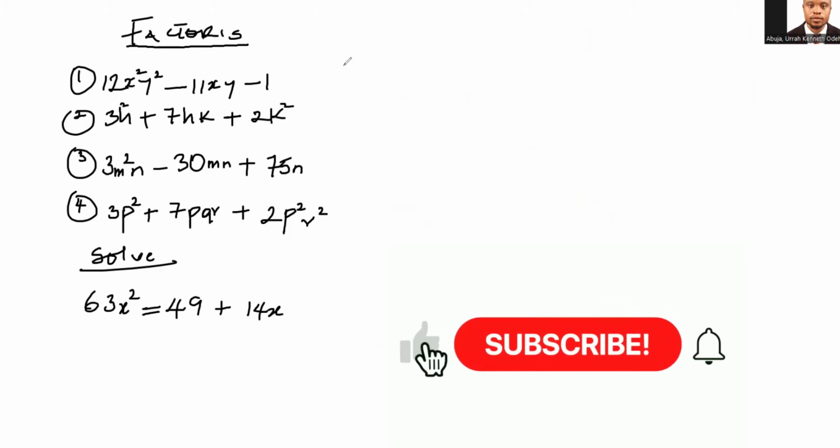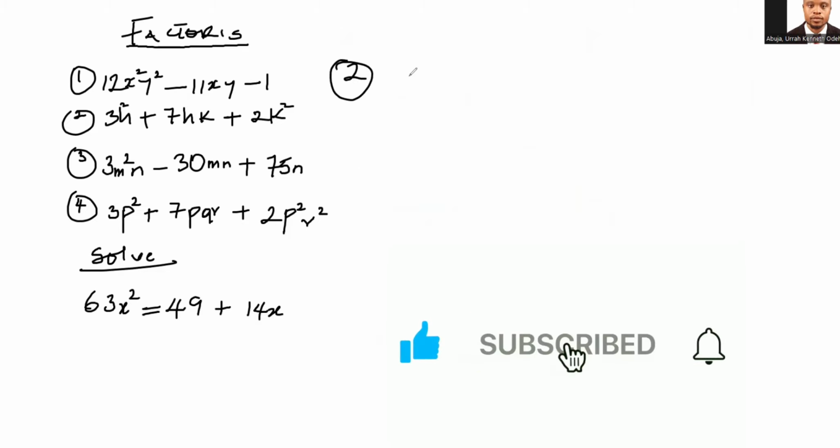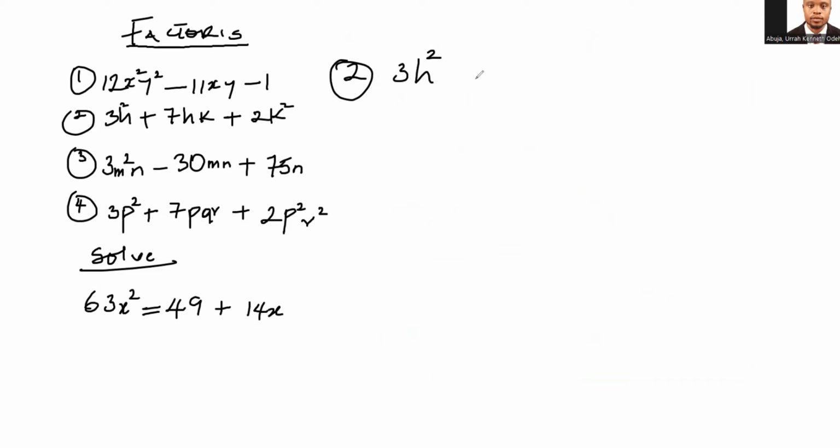Now, question number 2. Question number 2 is basically 3h squared plus 7hk plus 2k squared. All right. So again, what are the two numbers you multiply to get this? And what two numbers do you multiply to get this one? As simple as that.